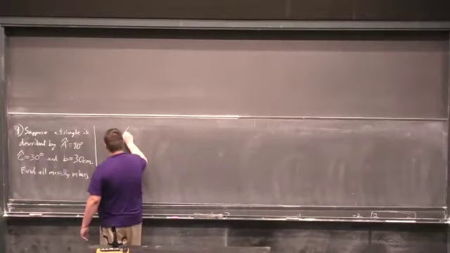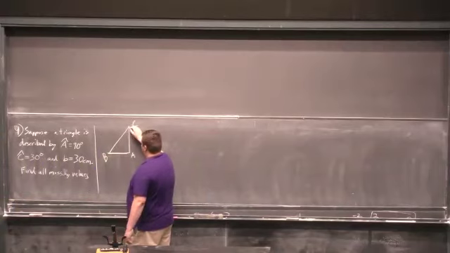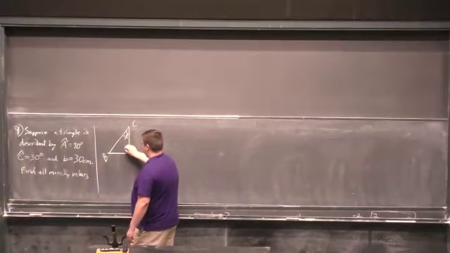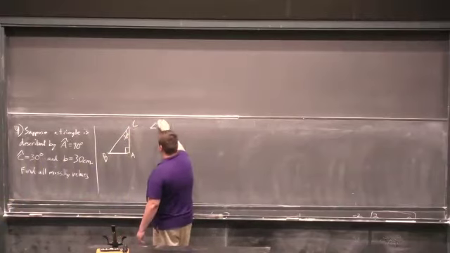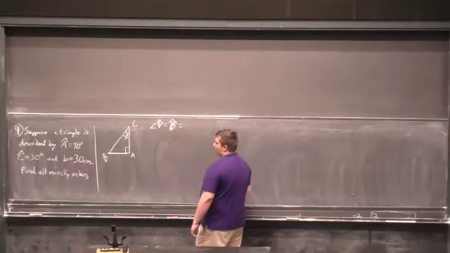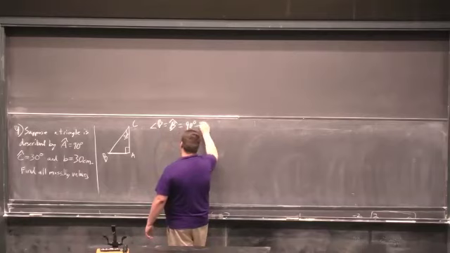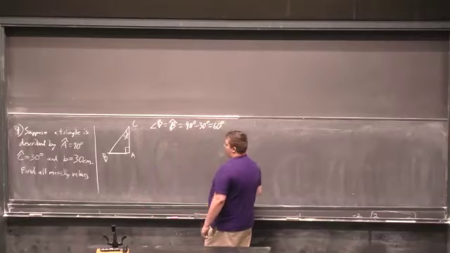So I'm first going to make my triangle. I have A, B, C, and I know that this is 30 degrees, this is 90 degrees. So angle B, or B hat, is equal to 90 degrees minus 30 degrees, which equals 60 degrees.